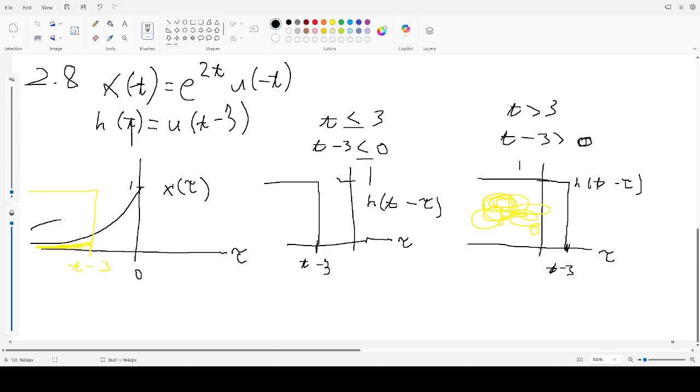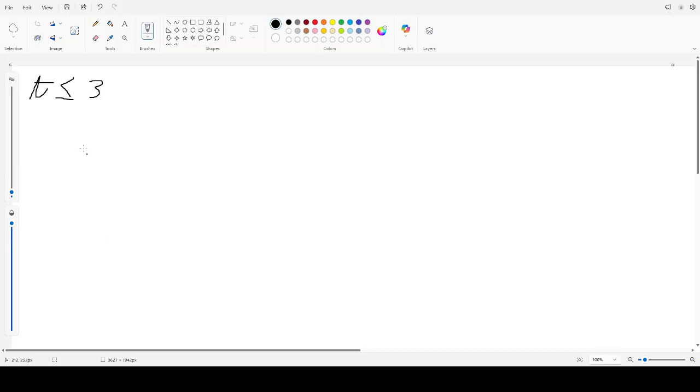So we're talking about from negative infinity until t minus 3. So y of t is the integral from negative infinity to t minus 3 of e to the 2 tau d tau.